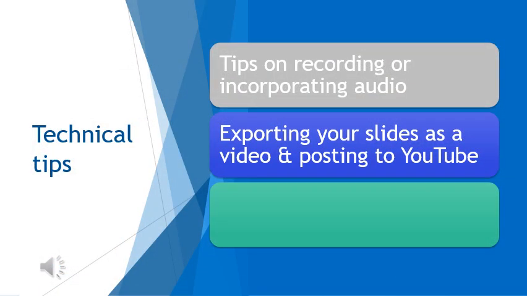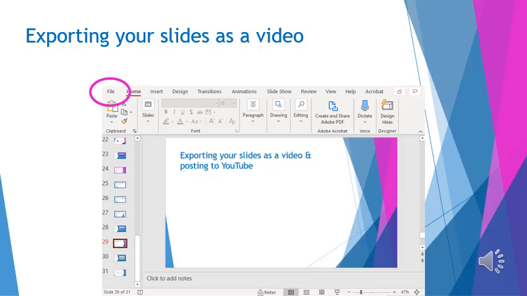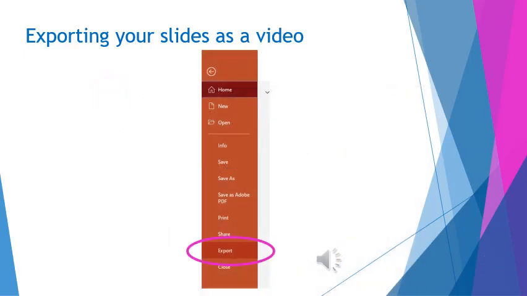Next I'll talk to you about exporting your slides as a video and posting that video on YouTube. Again in PowerPoint, click the File tab up at the top left. If you are in the desktop version of PowerPoint, you'll get these options.